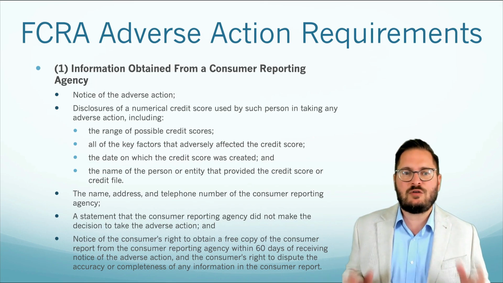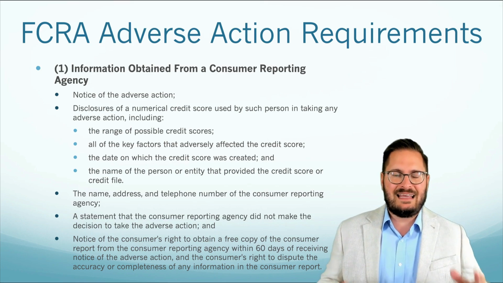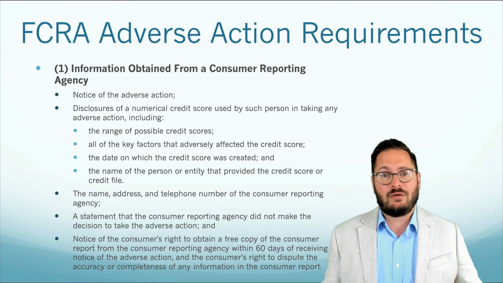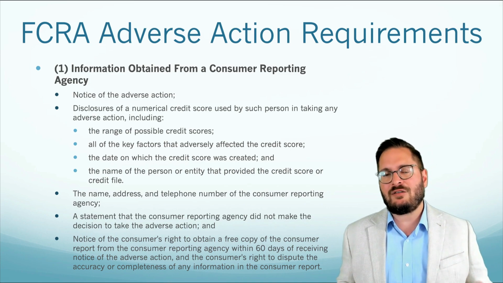So this is what's required when you deny somebody due to information obtained in a consumer report provided by a consumer reporting agency. And this, again, is by far the most common.